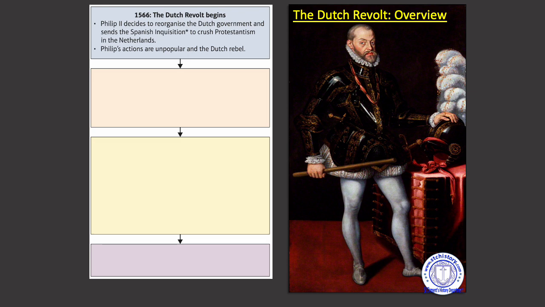They are very, very unpopular, as you'll see from some of the images shortly, and that's why they revolt. That is as simple as it is. In 1566, the Protestants in the Netherlands fight back. Now, obviously, like the Cold War, like the Hungarians and the Czechs, were probably hoping they get some help from America.